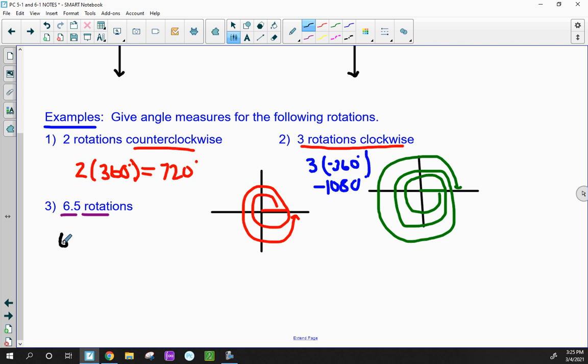You're going to write 6.5, and you're going to multiply that by 360 degrees. Let's do that now and see what we come up with. So we have 6.5 times 360. That's going to end up being 2,340 for that particular answer.